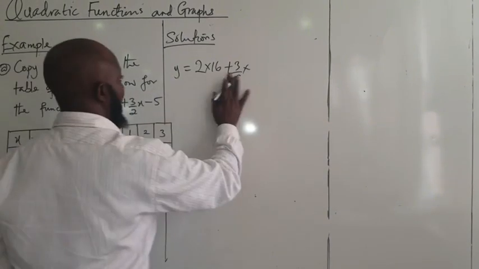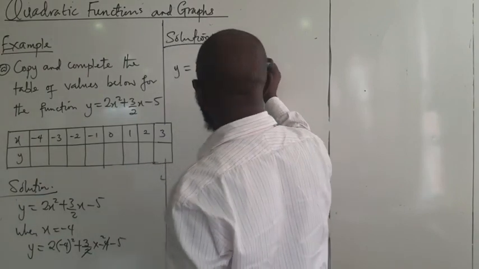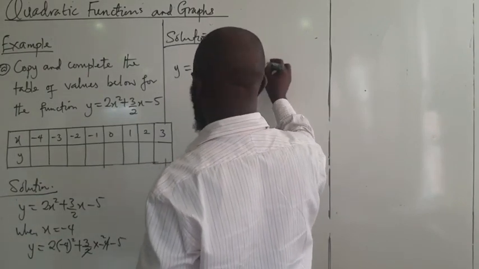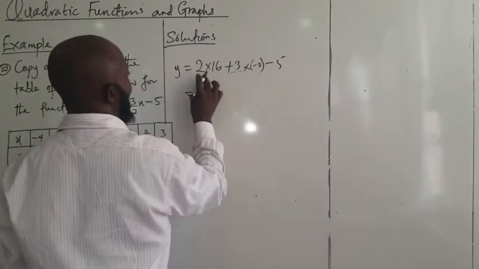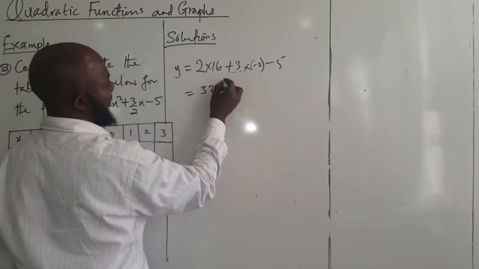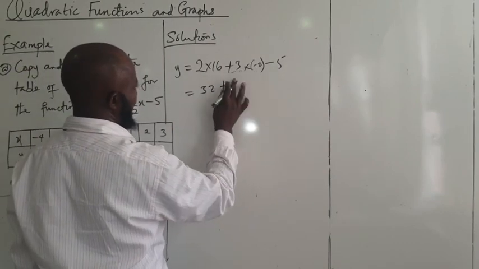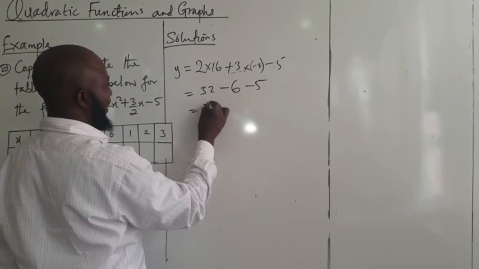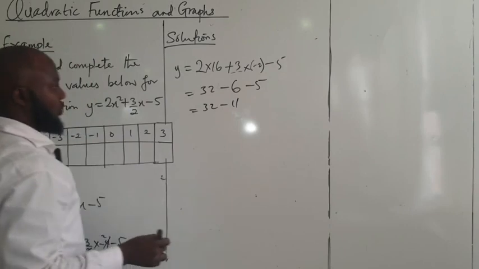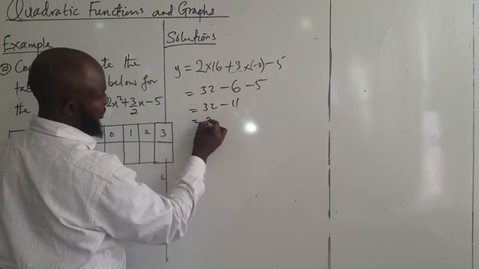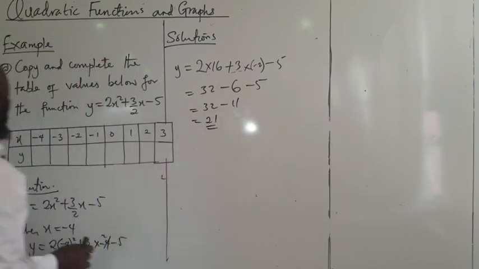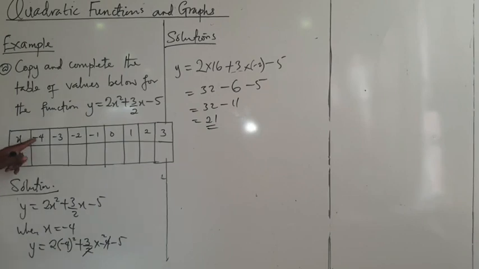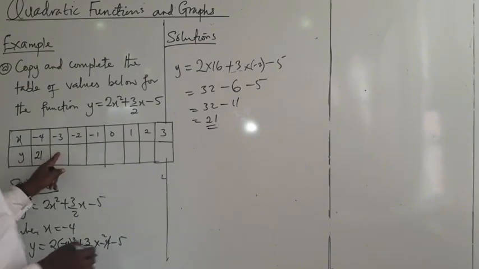That is 3 times minus 2, which is minus 6, then minus 5. So we have 32 minus 6 minus 5, that is 32 minus 11. We subtract this, this is 21. So when x is minus 4, the value of y is 21. We put 21 here. Alright? Now move to the next one.